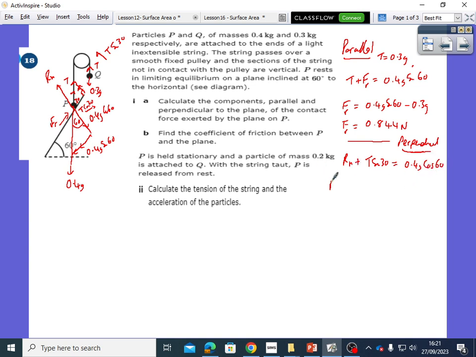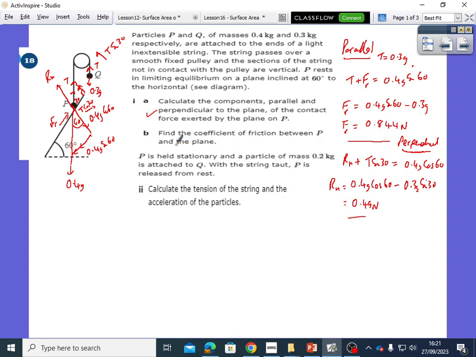Now that will give me Rn equal to, taking that to the side, 0.4 g cos 60 minus 0.3 g sine 30. If you put that through your calculator, you're going to get 0.49 newtons.